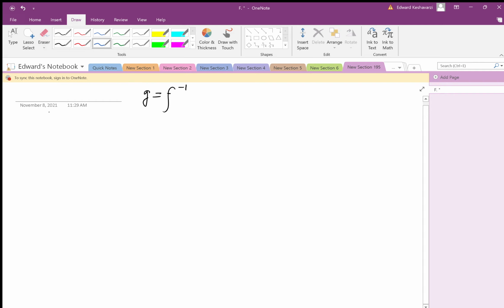Okay, so we just had f inverse of f of x equals x. Since f inverse is g of x, I can rewrite it as g of f of x equals x.